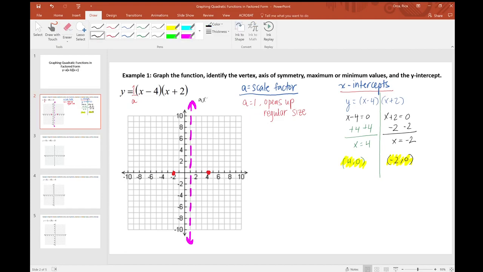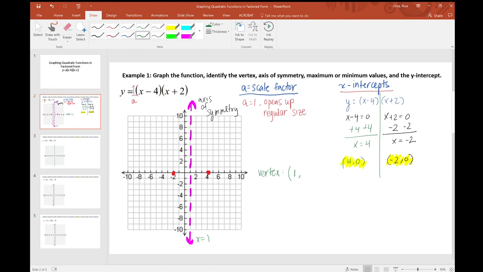And that's our axis of symmetry. Now we need the vertex. So I know that our vertex is going to fall on the axis of symmetry. The x-coordinate of my vertex is where the axis of symmetry is at, which is 1.